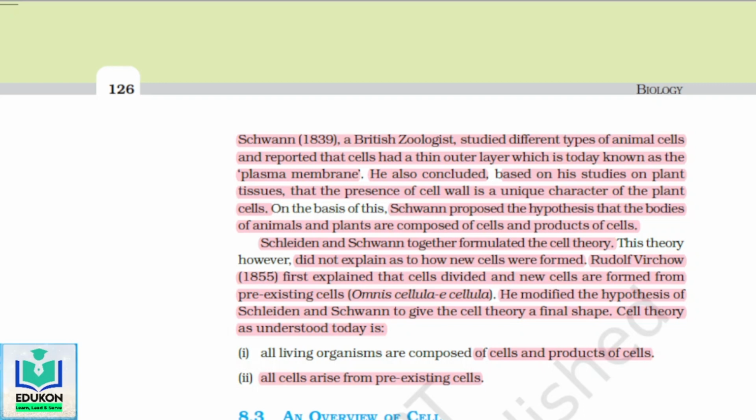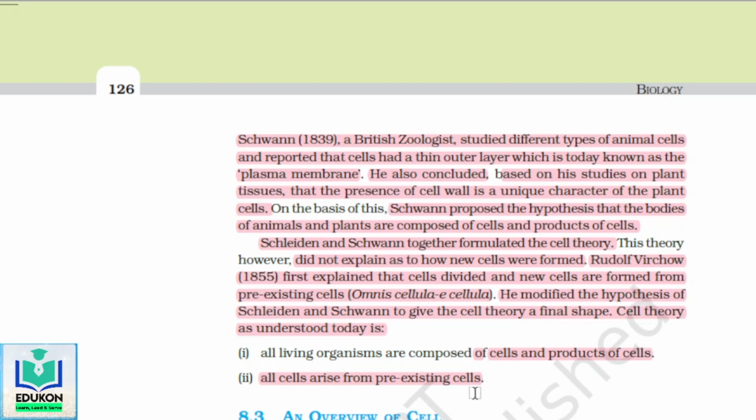His name is Rudolf Virchow. These are the easy questions, but the above one is a little harder one, where I said geologist, botanist, psychologist like this. It came in NEET a couple of years back. So according to the cell theory as understood today, all living organisms are composed of cells and products of cells. All cells arise from existing cells.